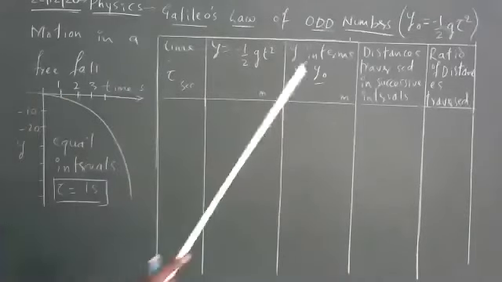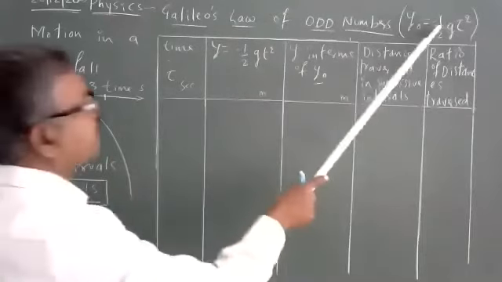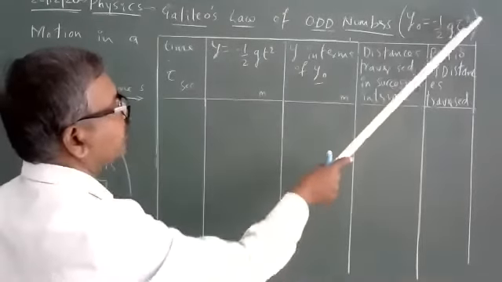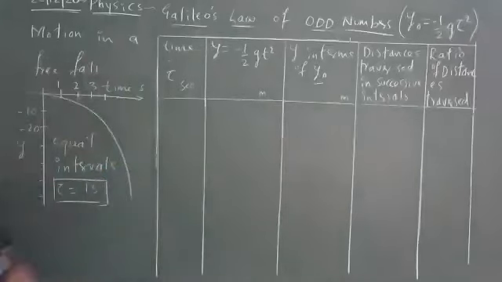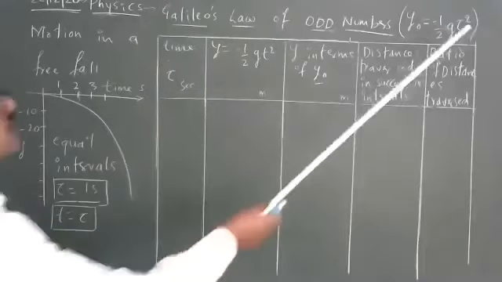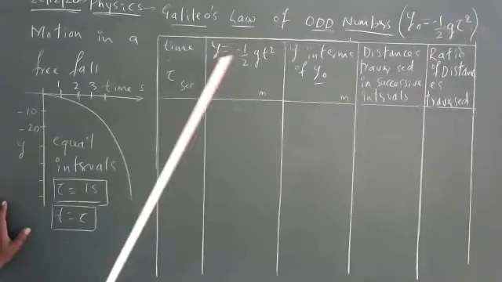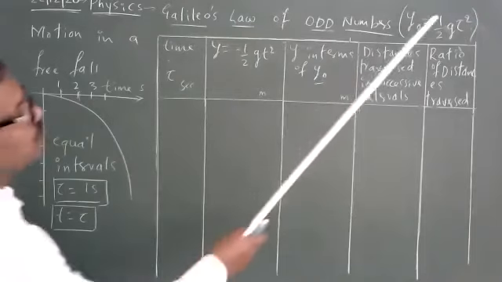And finally, when I express y in terms of y naught, this y naught is taken as minus 1 by 2 g tau square. Tau is nothing but t is equal to tau. Both are one and the same. It's a simple notation: y in terms of y naught, that's the standard value, minus half g t square.